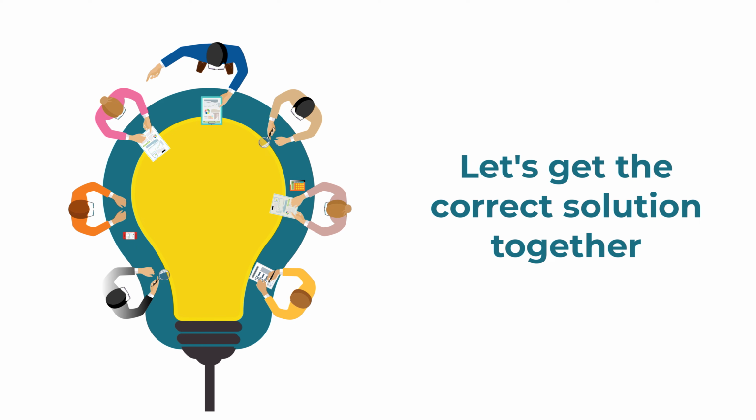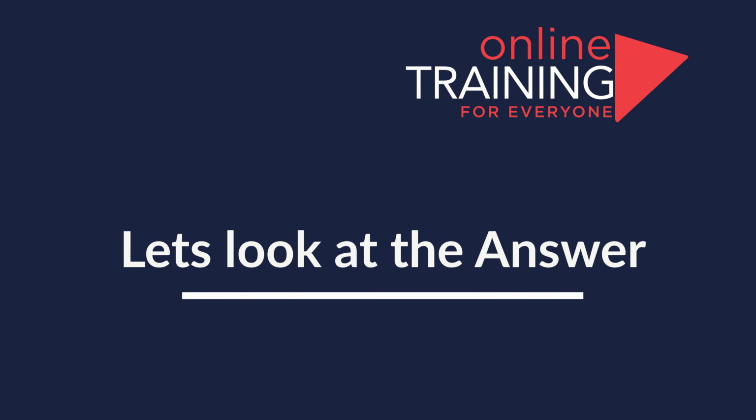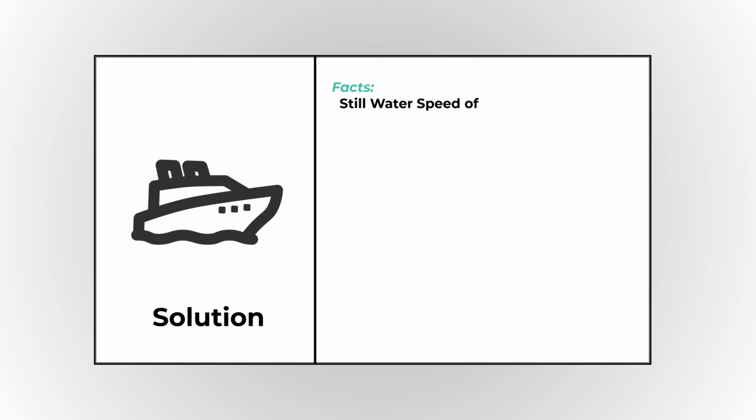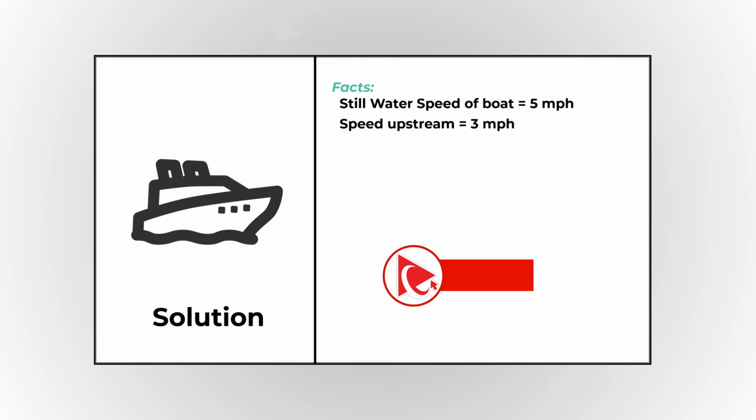Are you ready? Let's move forward and get to the correct solution together. To solve these types of challenges, let's first look at the facts. The main 2 facts are that the still water speed of the boat is 5 miles per hour, and the speed upstream is 3 miles per hour.